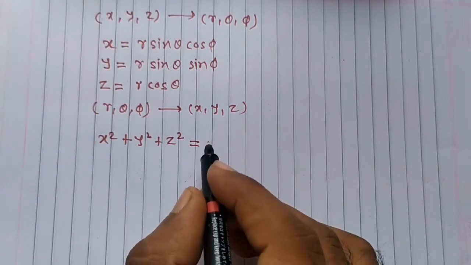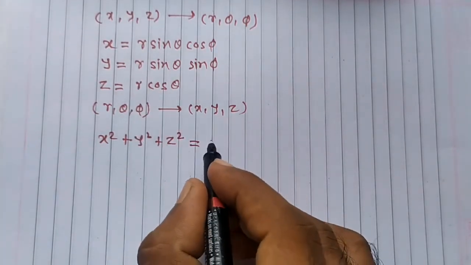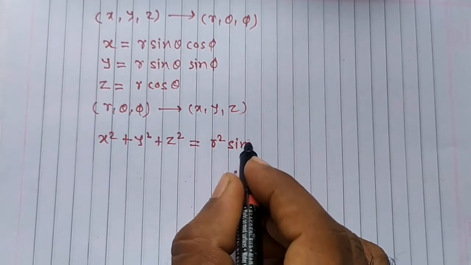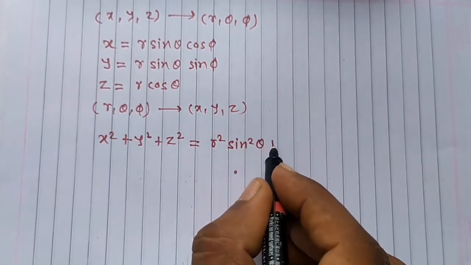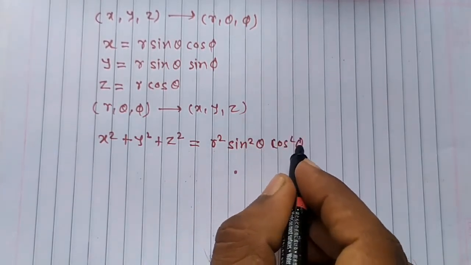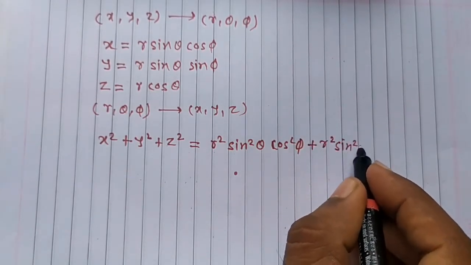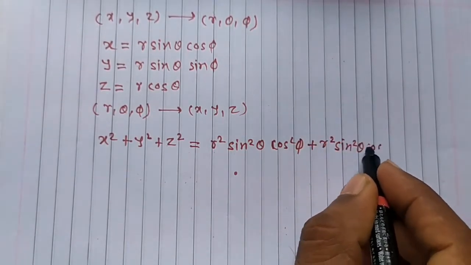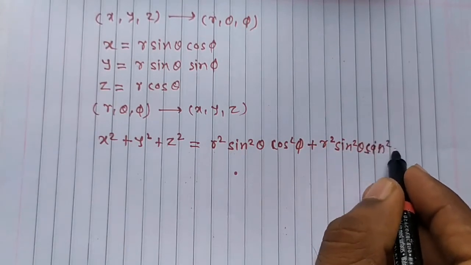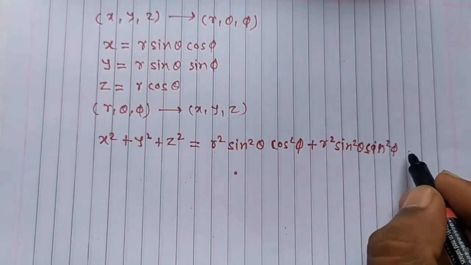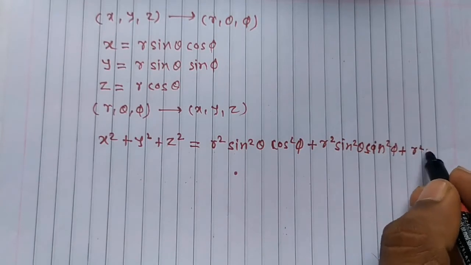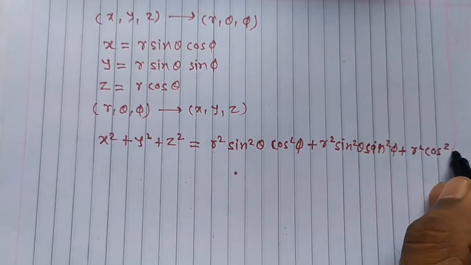Now I will use these values here, so it will be r square sine square theta cos square phi, r square sine square theta sine square phi, plus r square cos square theta.